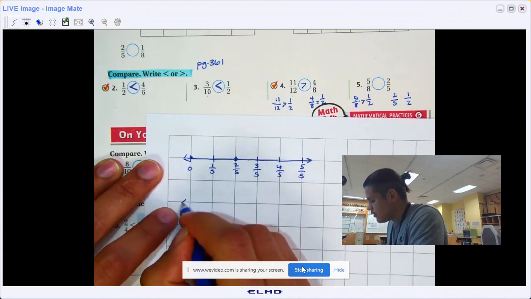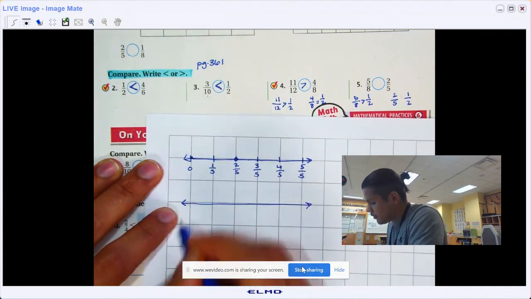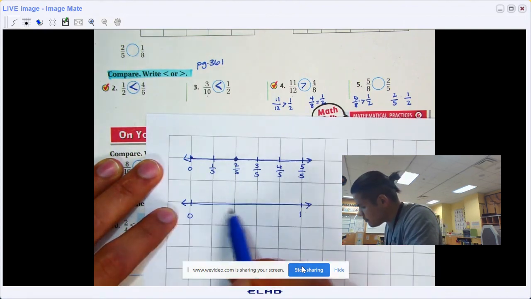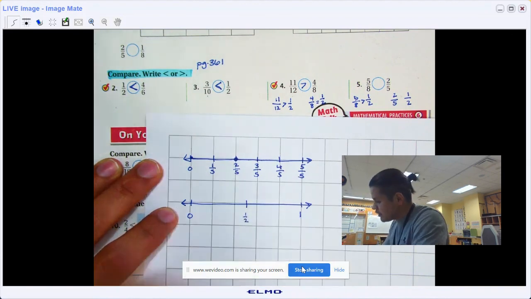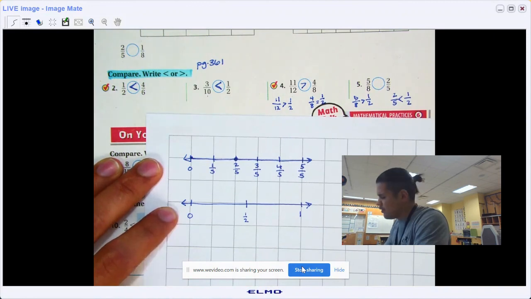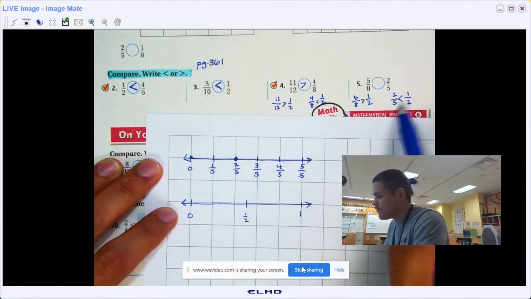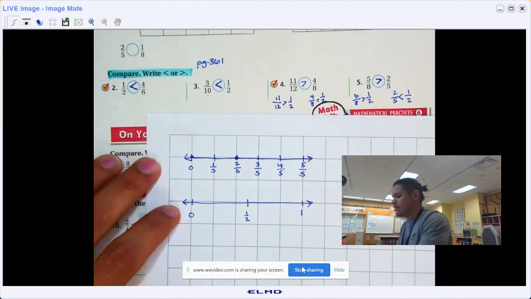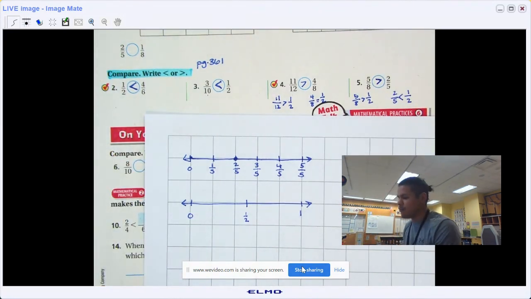Let me go ahead and draw my benchmark number line where I have 0, I have 1, and right in the middle of it, I have 1/2. So you can see that 2/5 is less than 1/2. Well, if 5/8 is greater than 1/2 and 2/5 is less than 1/2, then 5/8, there's a pretty good chance, is greater than 2/5.